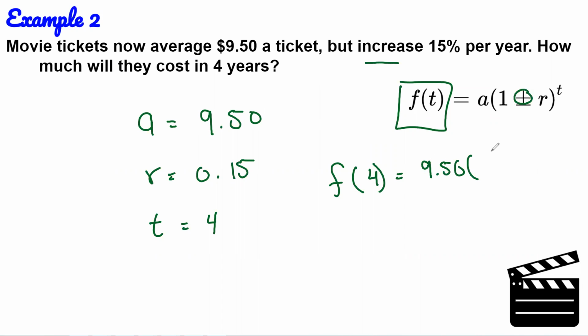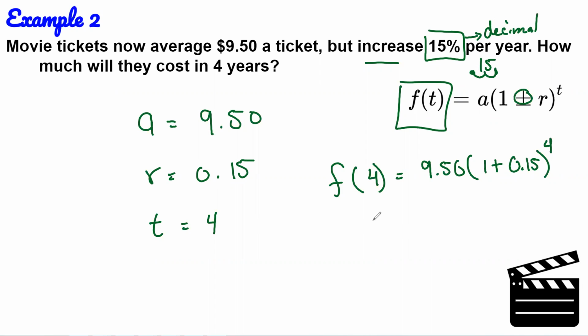Increasing, so we're going to have 1 plus our rate, 0.15, and the time after 4 years, so we put it to the power of 4. 0.15 is our percent. We need to turn this into a decimal, so that's where we get 0.15.